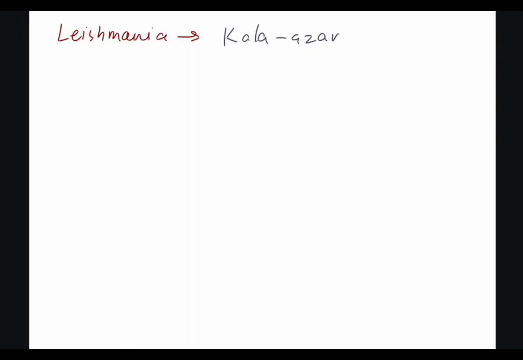Now it has a certain orientation. By orientation I mean a certain direction. Why? Due to their specific body structure. So if a question comes, which organism divides in a definite orientation, it would be Leishmania. So the binary fission here takes place in a definite orientation, and the reason behind that is their specific body structure.